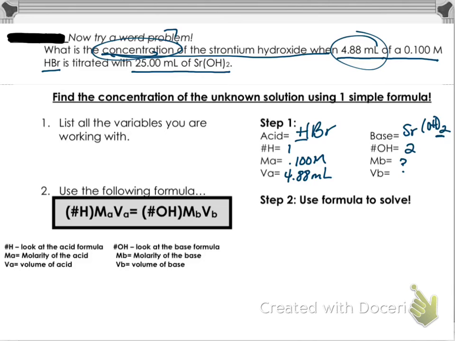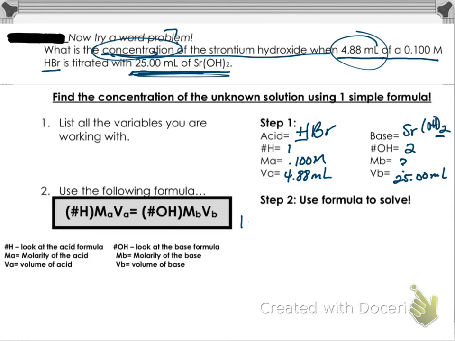And how much of it did we use? So what's the concentration of the strontium hydroxide when 4.88 mLs of 0.1 molar HBr, so that's the acid, is titrated with 25 mLs of strontium hydroxide? So we used 25 milliliters of that base. So now we have the stuff we need. We just need to plug it into that formula.